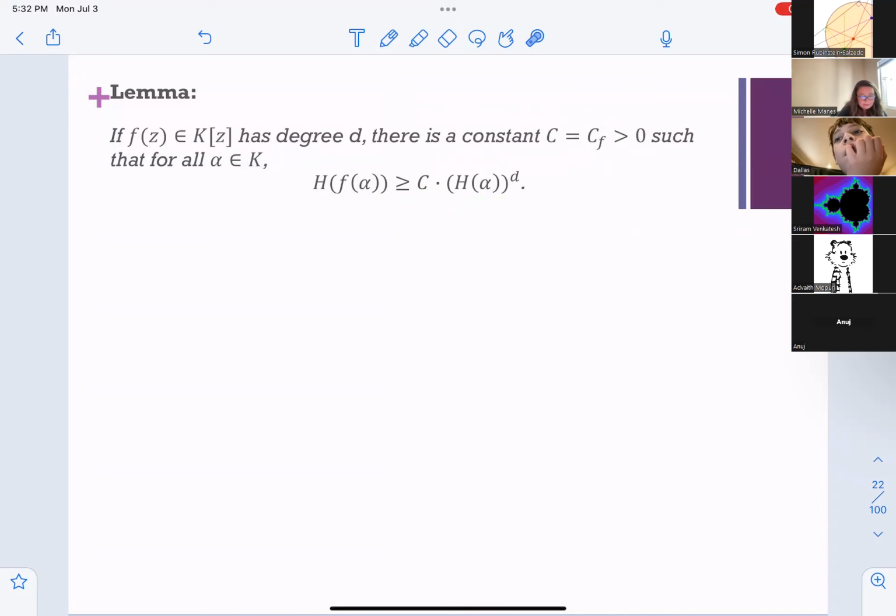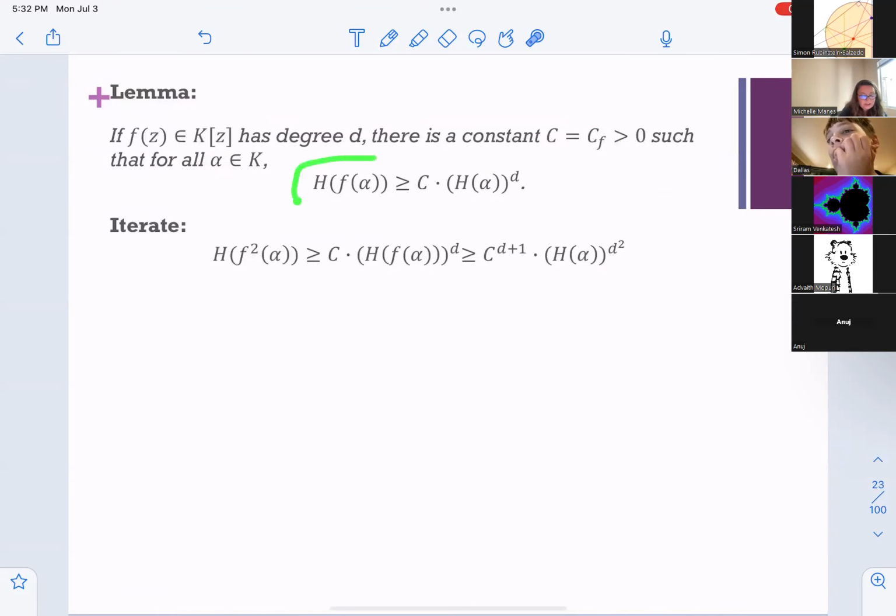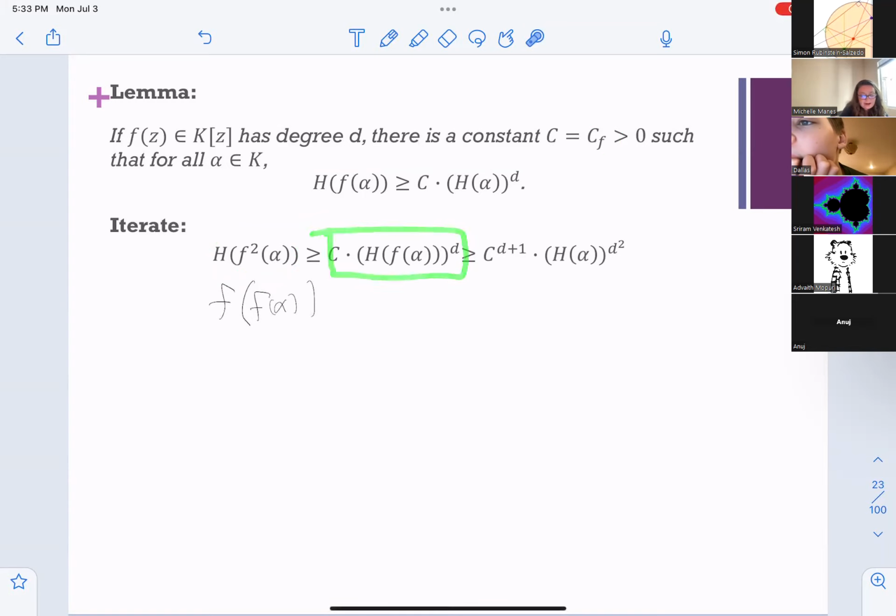And why is that important? Well, let's go through this. Okay, so I know that the height of f of alpha looks like the height of alpha to the d times some constant. So let's apply that to f squared of alpha. Well, f squared of alpha, right? This is f of alpha. So I'm going to say that this looks like c times the height of f of alpha to the dth power, right?